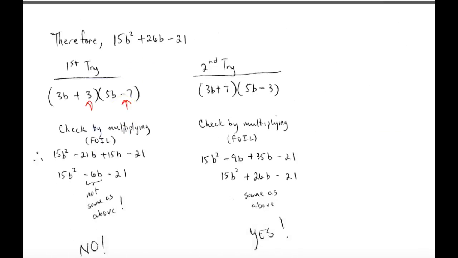All right, so coming back here, if I would have tried to put the 3 in the first spot and the 7 in the other slot, then you would have seen when I multiplied everything out, I would have gotten a negative 6b. And of course, negative 6b isn't the same as a positive 26b.